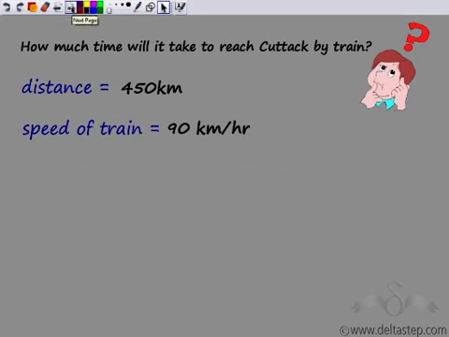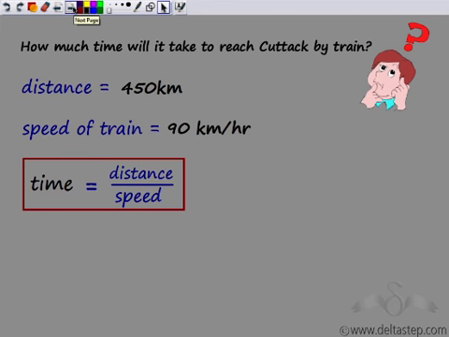We know the distance is 450 kilometers. We know the speed of the train also, which is 90 kilometers per hour. What we want to find is the time. Remember that time is nothing but distance by speed. So applying this, we can easily find the time. So time would be distance, which is 450 kilometers, divided by speed, which is 90 kilometers per hour.